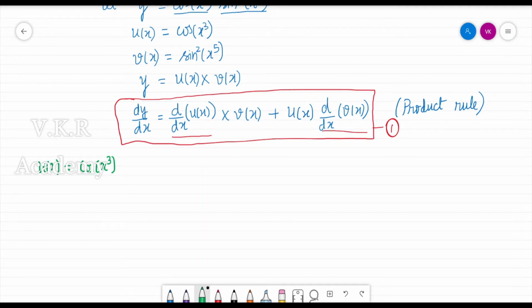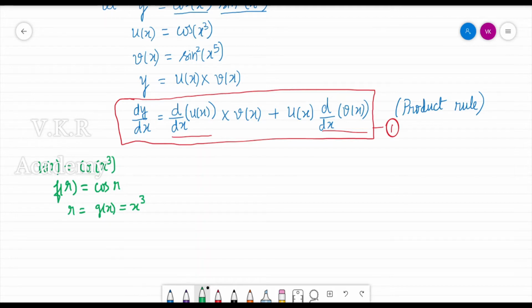So let f of r is equal to cos r, where r is equal to g of x, that is equal to x cube.